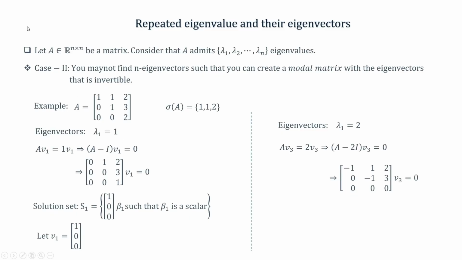If you remember, in this example we had the issue that the eigenvector corresponding to the eigenvalue 1 was a scaled version of this [1 0 0] vector. Although 1 is repeated 2 times, we only got one vector which we could take as linearly independent, and corresponding to lambda 2 equal to 2, we could easily find one vector, which was [5 3 1] in this case.